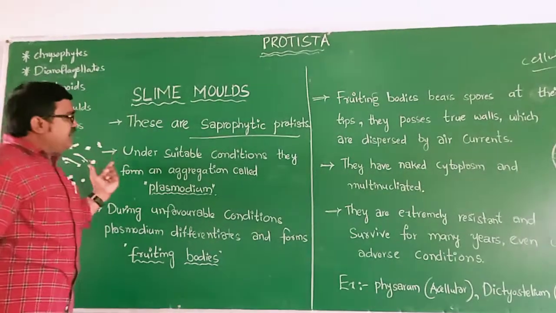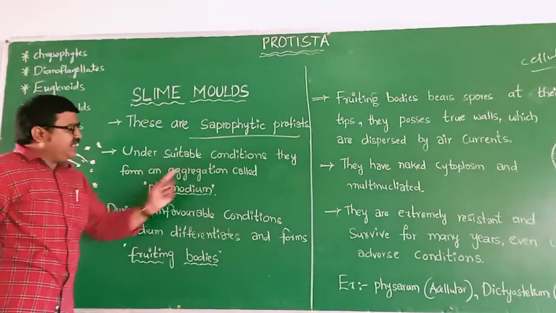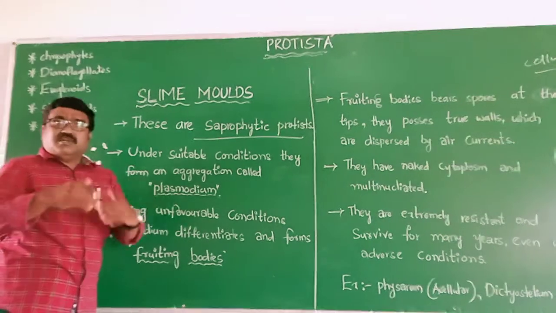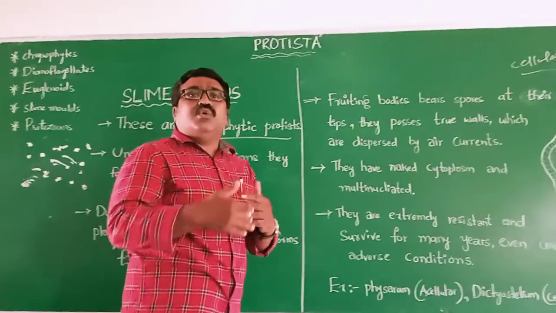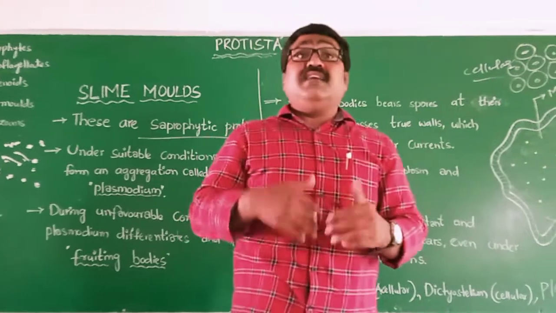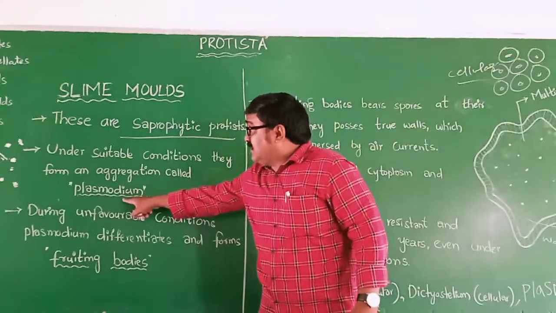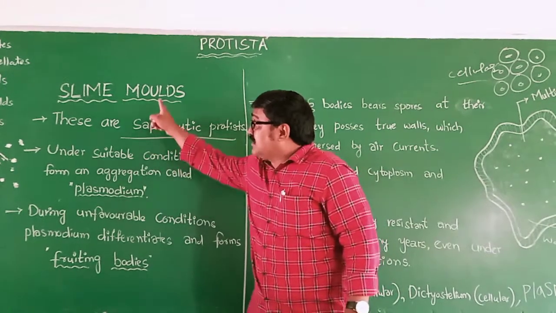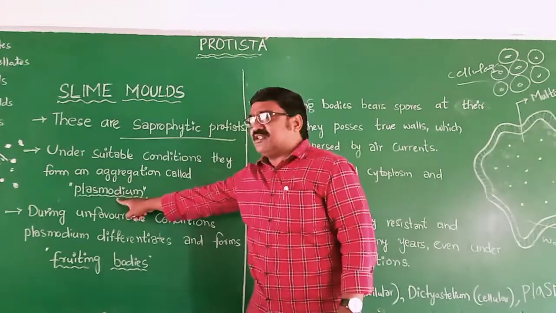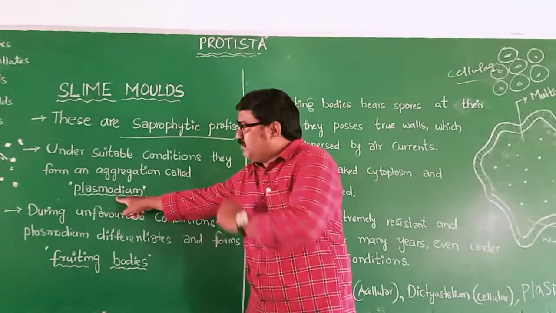Under suitable conditions, they grow rapidly, form an aggregation called plasmodium, and can spread over several feet.